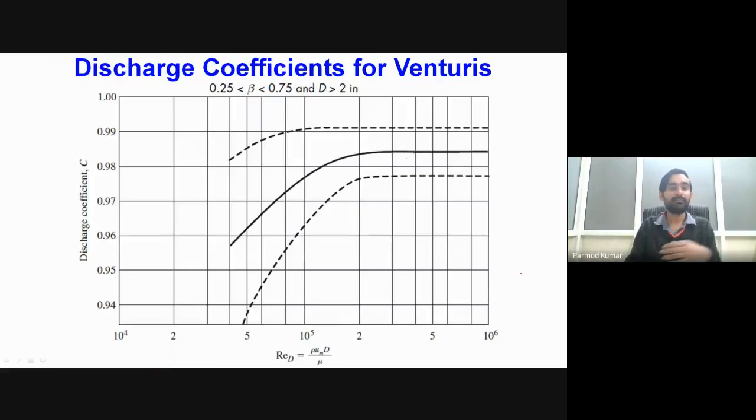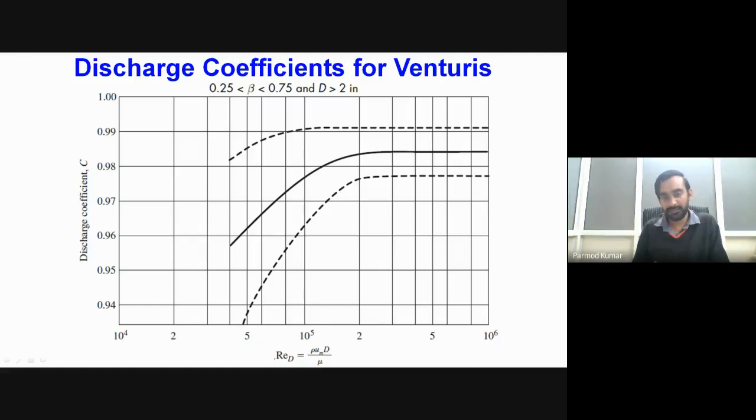Okay. Then in case of Venturi, what we are having is the value of discharge coefficients. So we have some curve available from which we can obtain the value of discharge coefficients. Why do we require discharge coefficients? Because these are required to relate the actual flow rate and the theoretical flow rate, as we have seen in the previous slide.